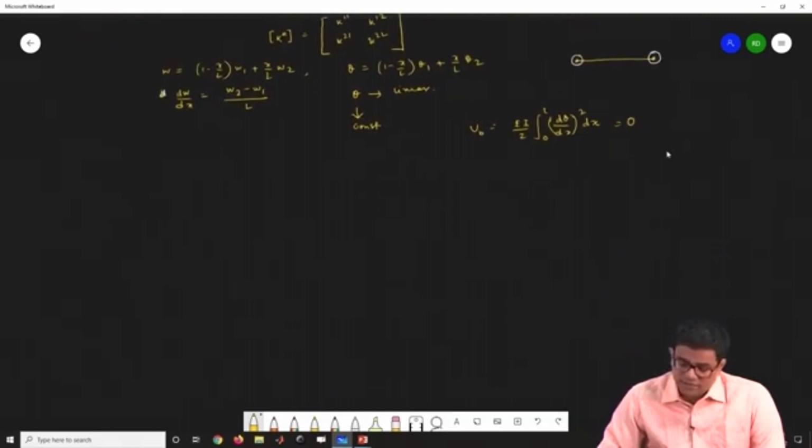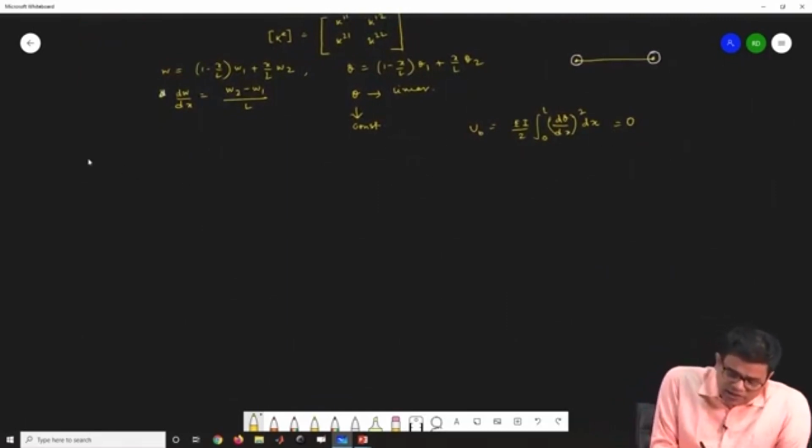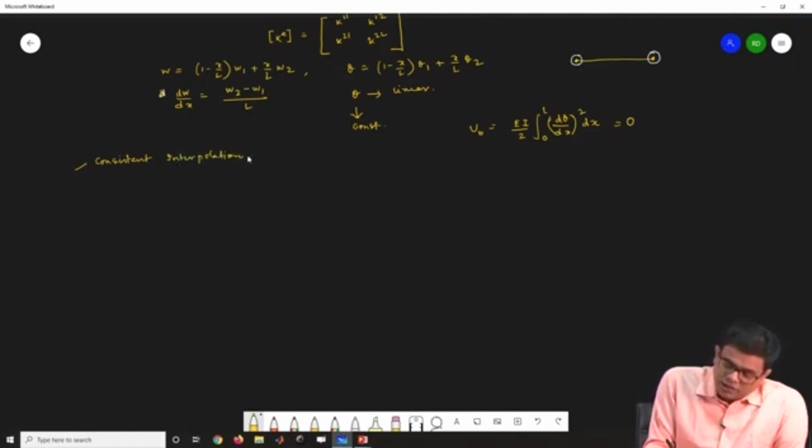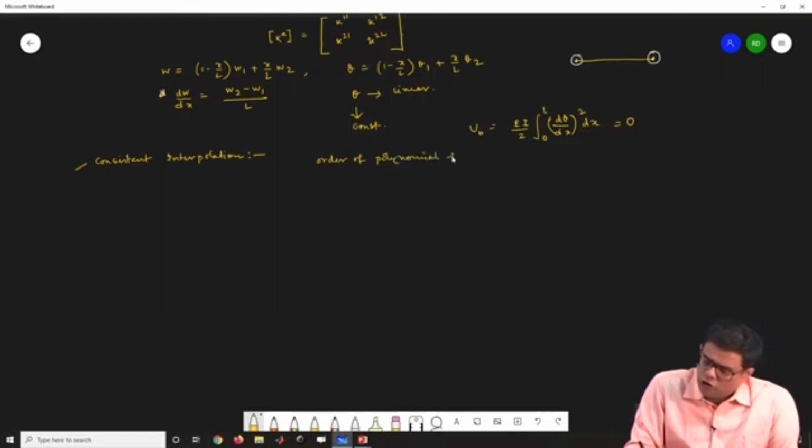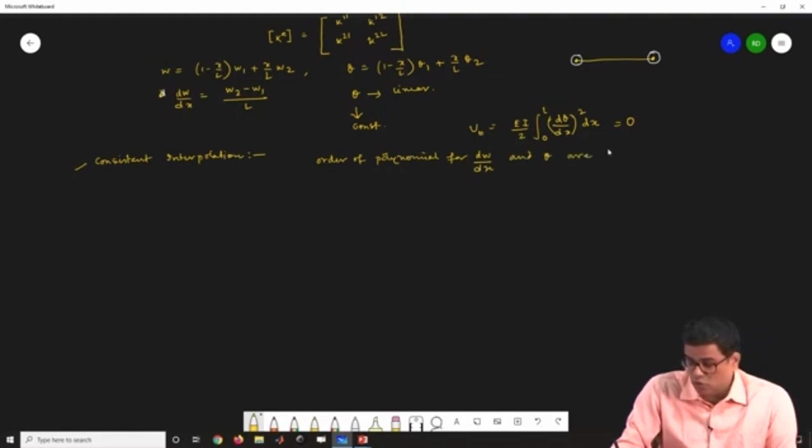Now to alleviate this, we did consistent interpolation. Consistent interpolation means that the order of polynomial for dw/dx and theta are the same.